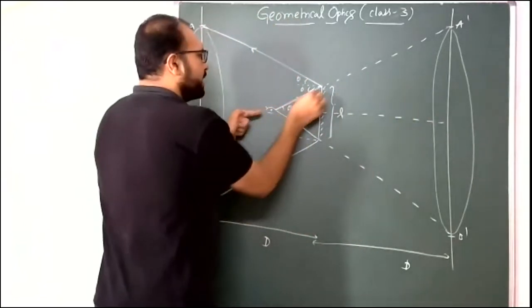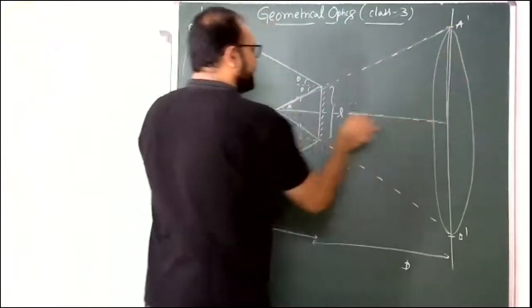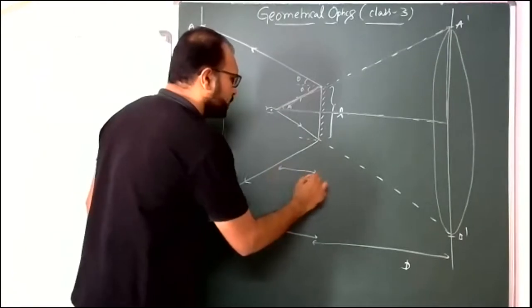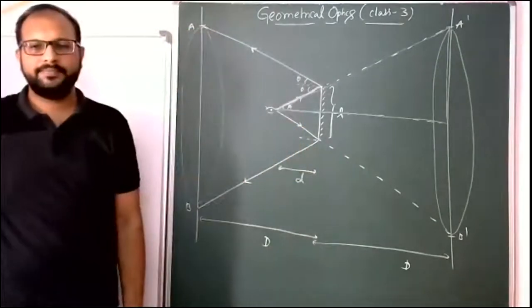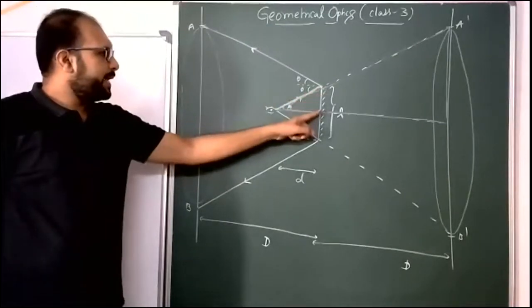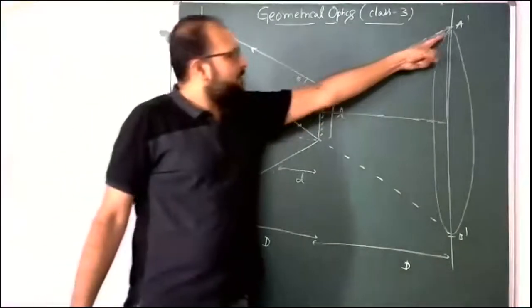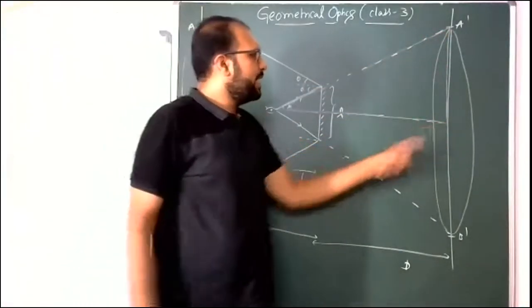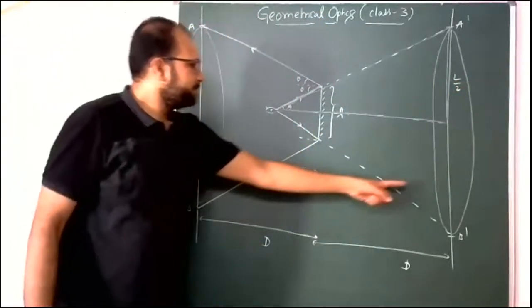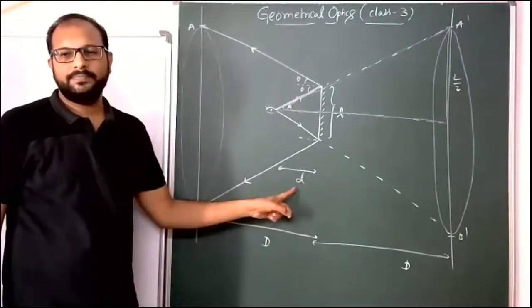This is one right angle triangle. This is another right angle triangle. Suppose now the distance from here to here is small d. Then tan theta equals L by 2 divided by small d. Same, tan theta equals, from here to here, capital L by 2 divided by capital D plus small d.